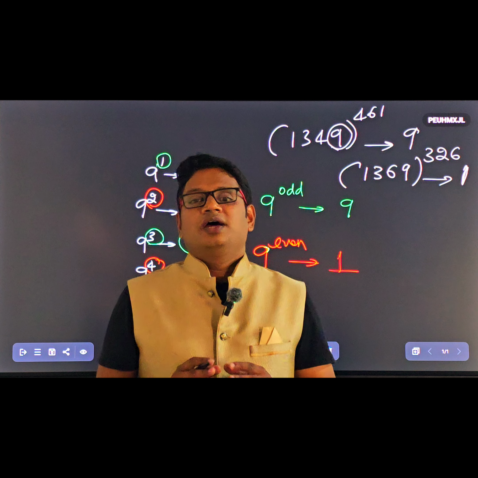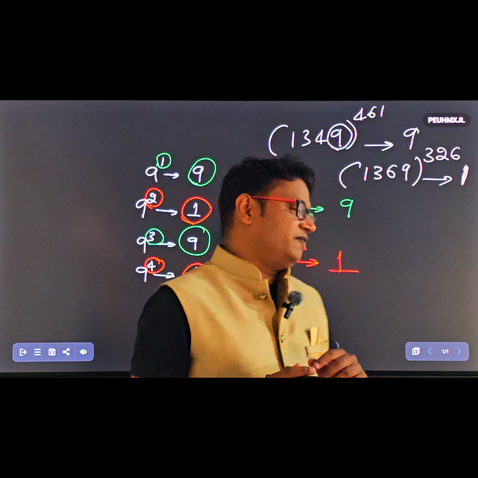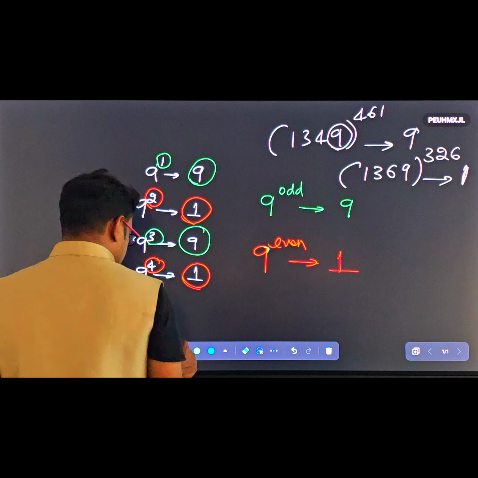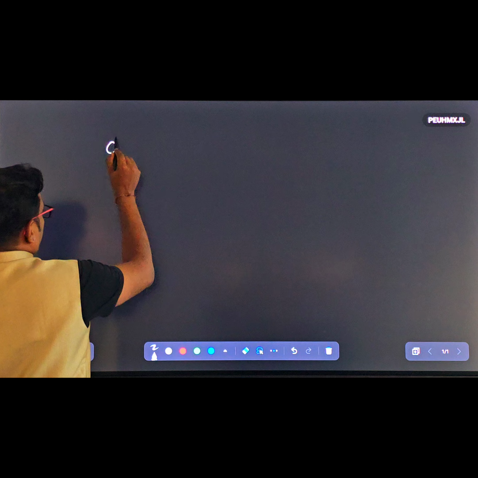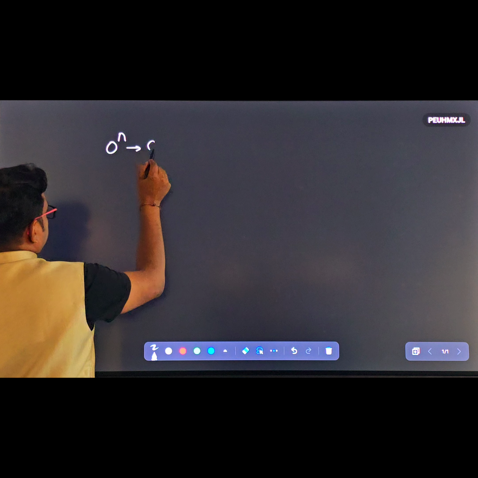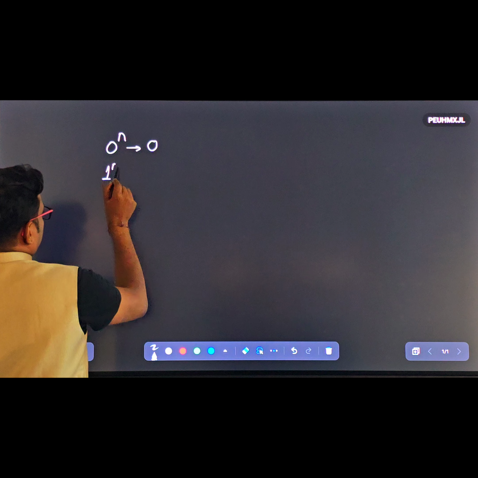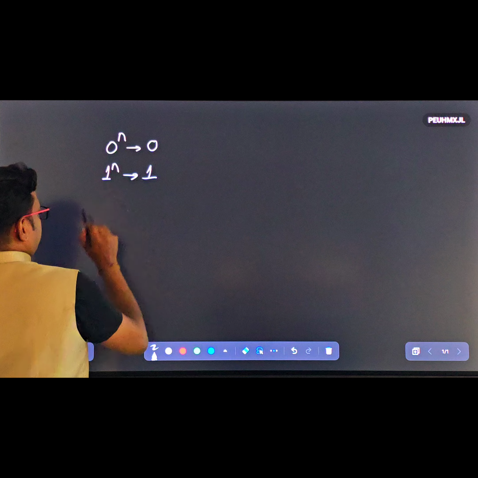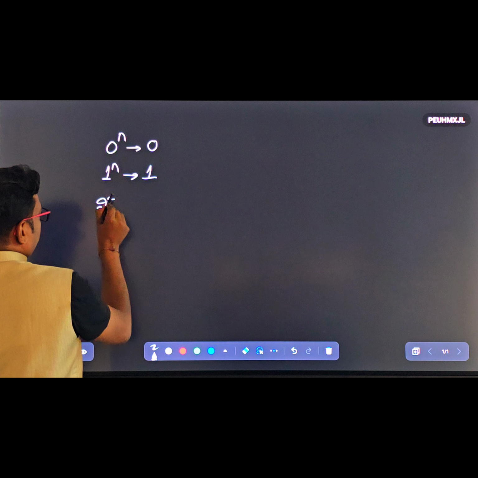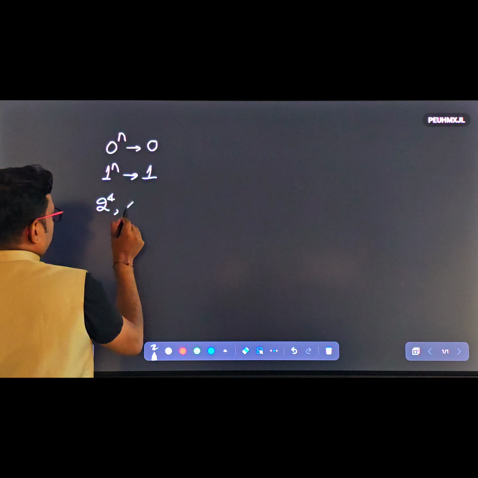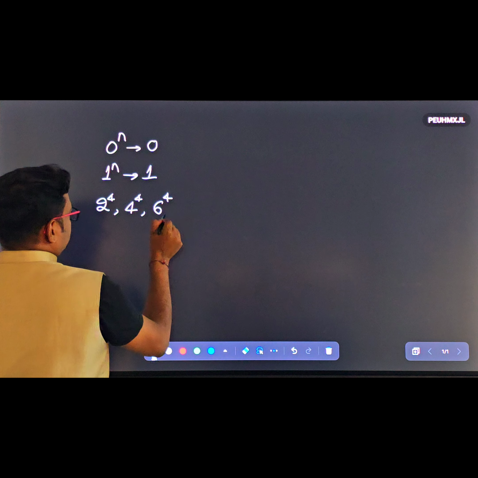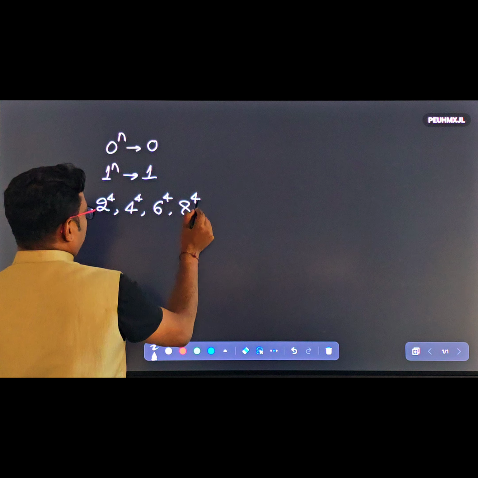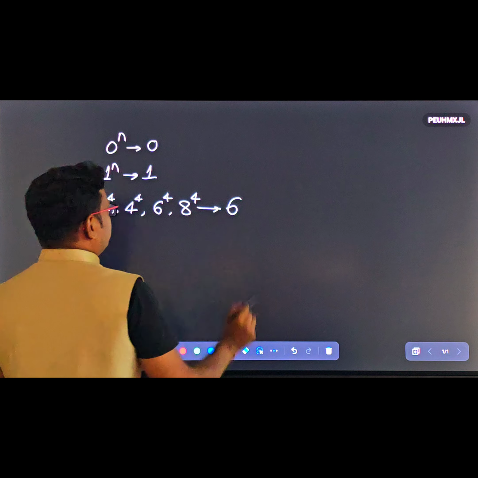Now, let me summarize everything we have discussed. Please see. 0 power n is 0. 1 power n is always 1. 2 power 4, 4 power 4, 6 power 4, 8 power 4 will be having 6 in the units place.